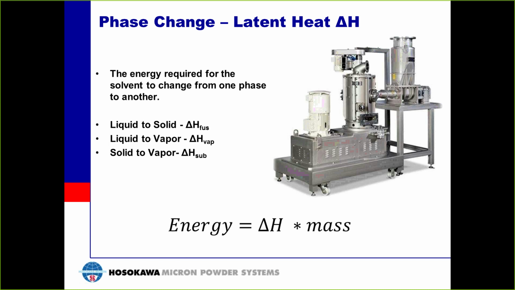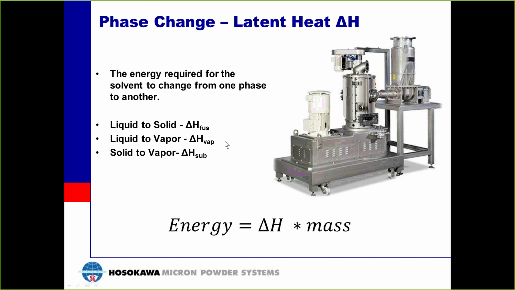So you've now heated up your water and powder mixture, and you're at the point where you can begin evaporation. You're going to be continuing to put energy into the system, and you need to generate enough energy that you can cause that liquid to turn into a vapor.